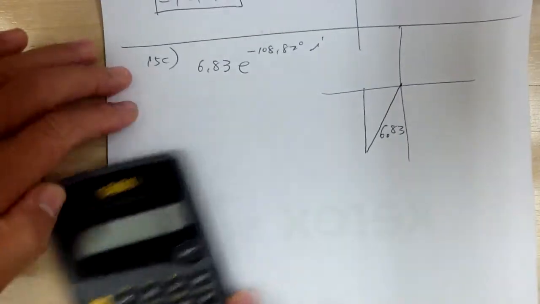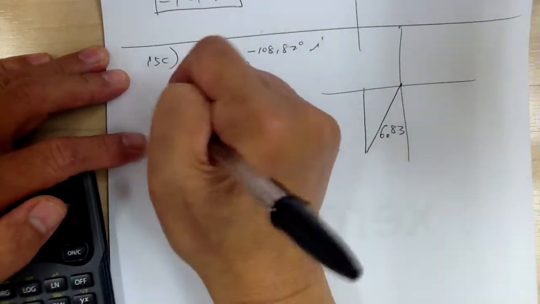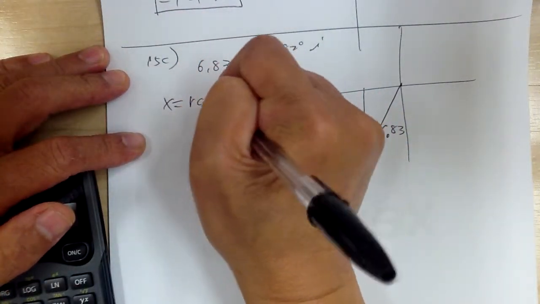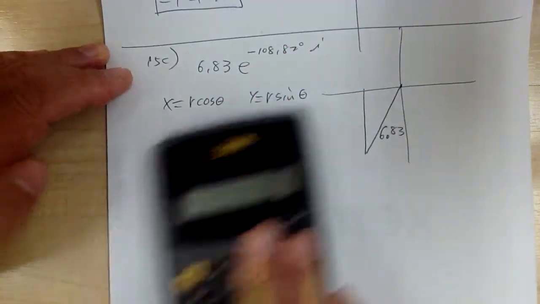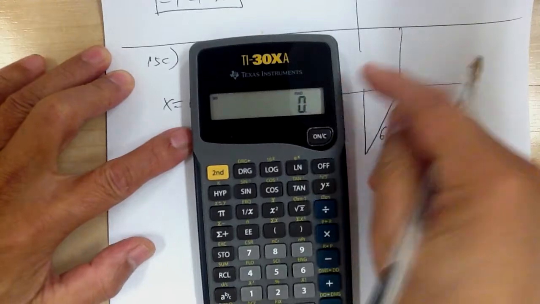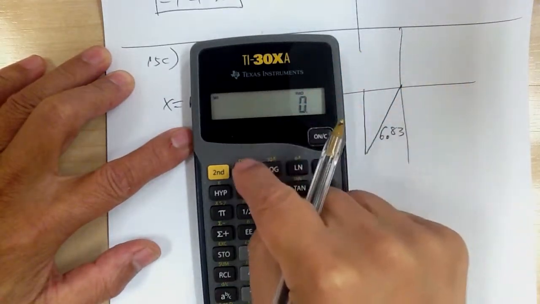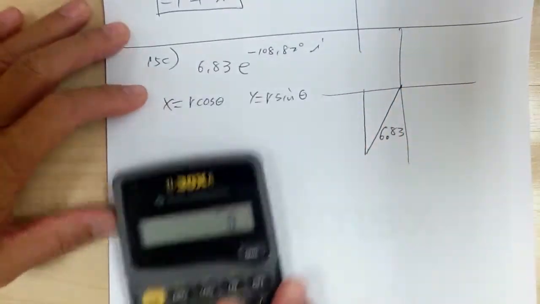So again, you have x equal to r cosine theta, y equal to r sine theta. Now earlier we switched to radian mode, so remember to switch your calculator back to degree mode.